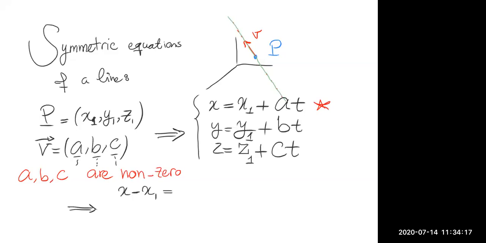On the right side, x1 cancels with minus x1. So x minus x1 is equal to aT. Now look at the second equation and do the same thing with y1, so y minus y1 is equal to bT. And do the same thing with the third equation: subtract z1 from both sides, so z minus z1 is equal to cT.